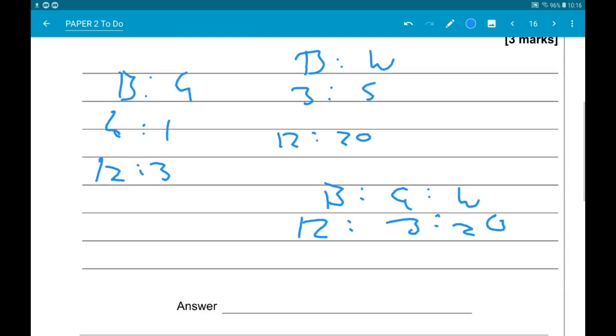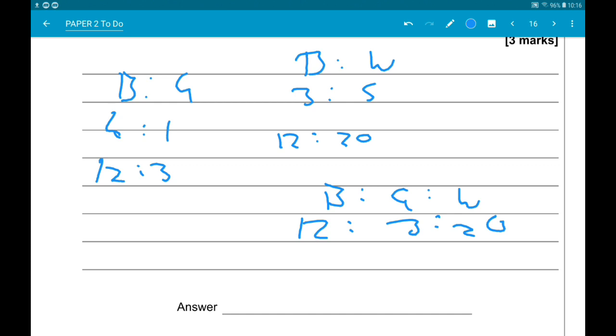Now, altogether, that ratio has 35 parts. Now we want the probability of getting a blue or a white, so we add those parts together. So 12 add 20 is 32, so it's 32 out of 35.